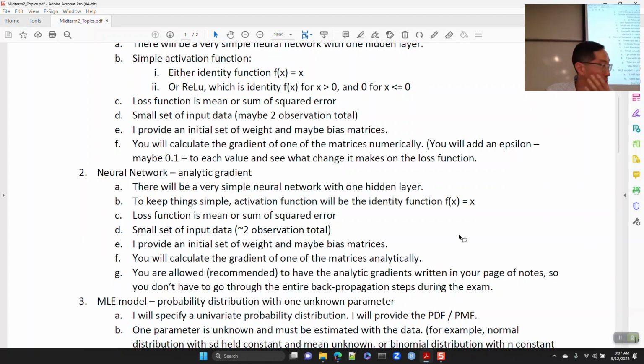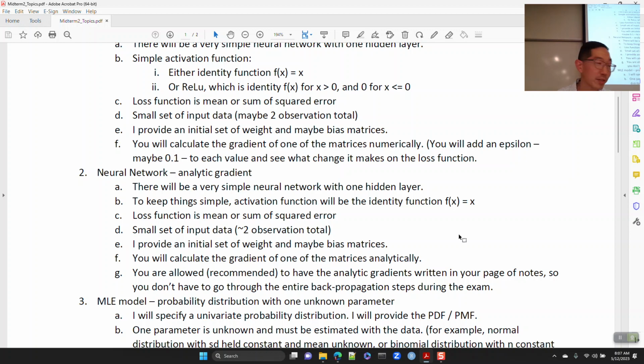Neural network, I might ask you to calculate the analytic gradient. Again, a very simple neural network, and again here the activation function will be the identity function. We'll keep it simple here. The loss function will be mean squared error or sum of squared errors, probably mean squared error, and I'll have a set of two observations.